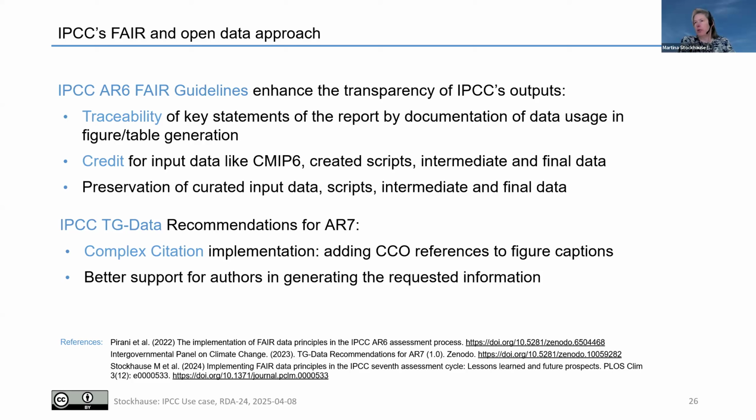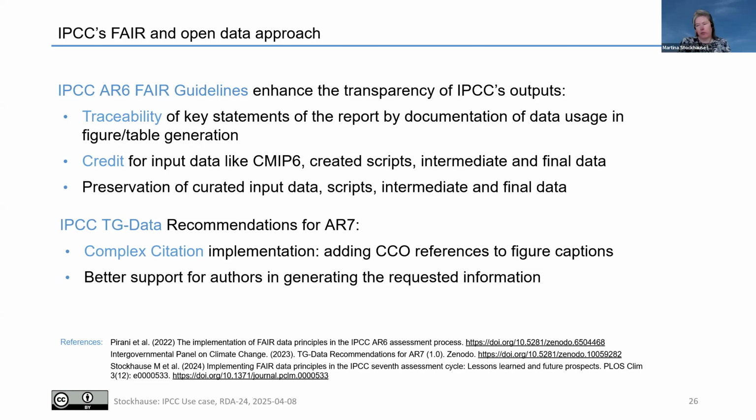The experience from AR6 led to a long list of recommendations for AR7. I just want to highlight 2. One is that we want to implement the complex citation in the form that we assign complex citation objects to the figure generation bundle and reference them in every figure caption.